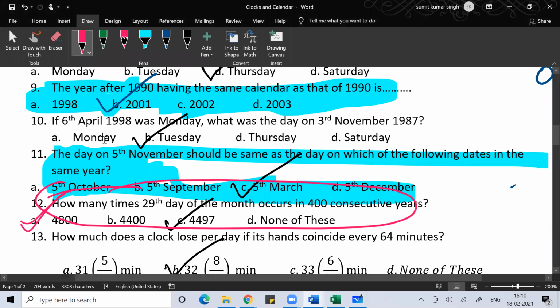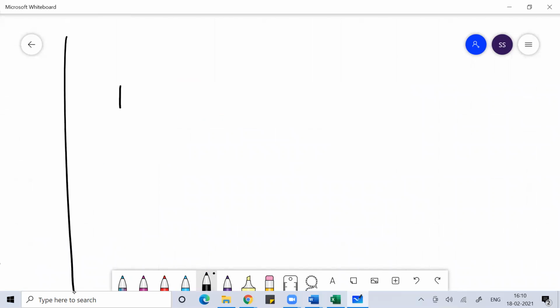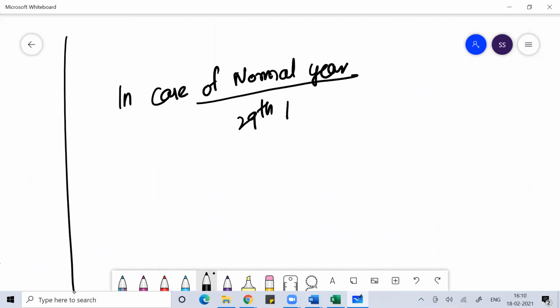Now, if you see this question: how many times does the 29th day of the month occur in 400 consecutive years? We need to understand that in a normal year, the 29th day of the month comes in 11 months, not in February.